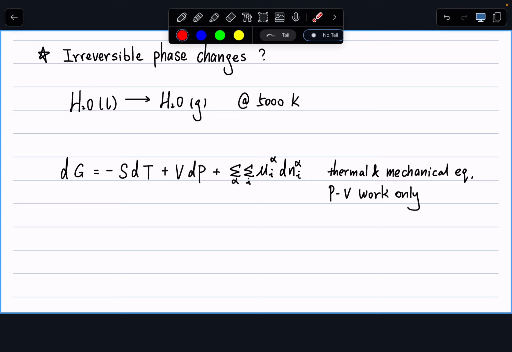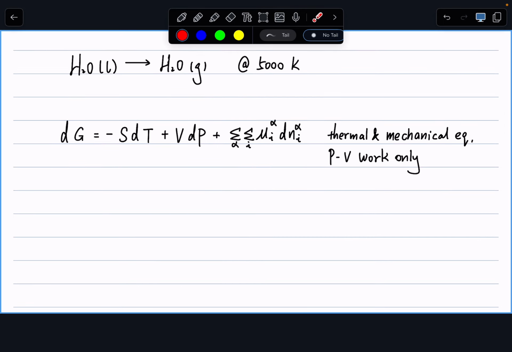What about before equilibrium? If we draw a line here, before equilibrium, what's the sign for our dG? Negative, right? So my dG is smaller than 0 prior to equilibrium. Writing that down, we have dG smaller than negative SdT plus VdP.